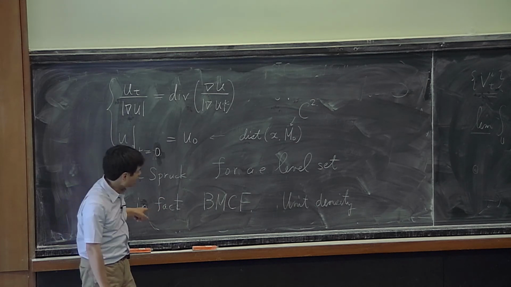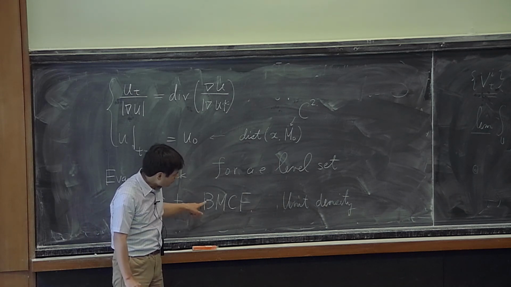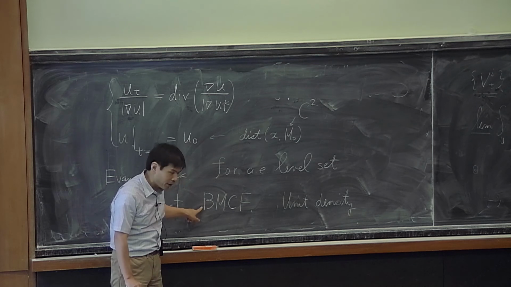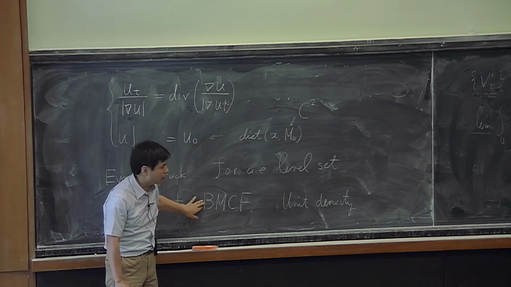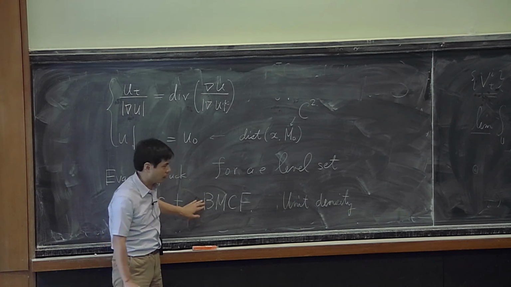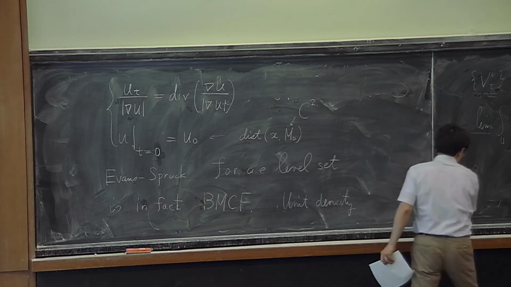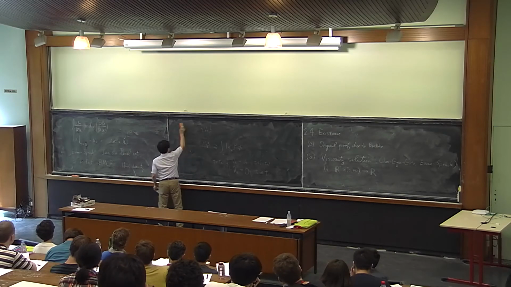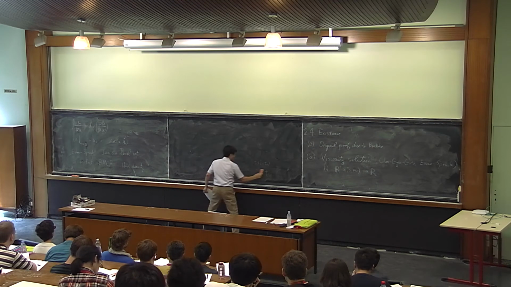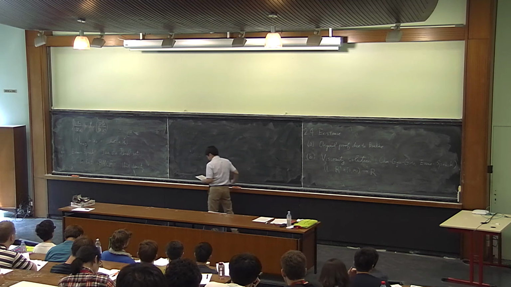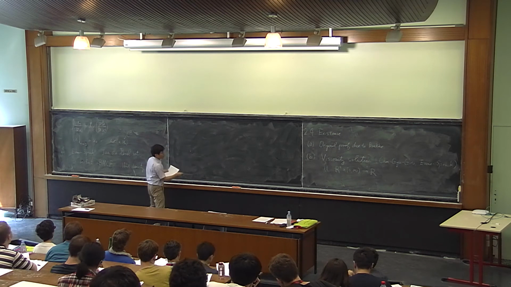Okay, and this is a very nice result, and in fact this is pretty much the only result of existence of unit density Brakke mean curvature flow. That's very much the only thing known.